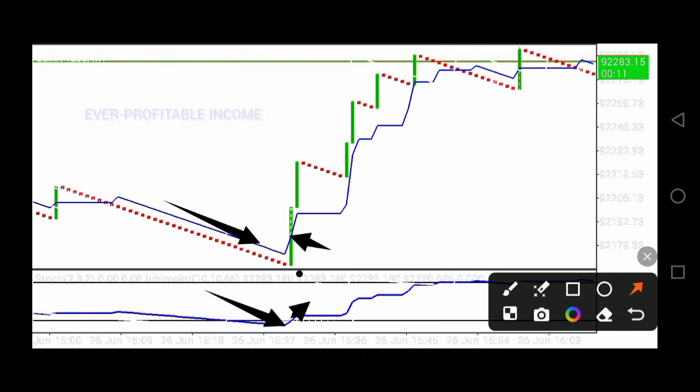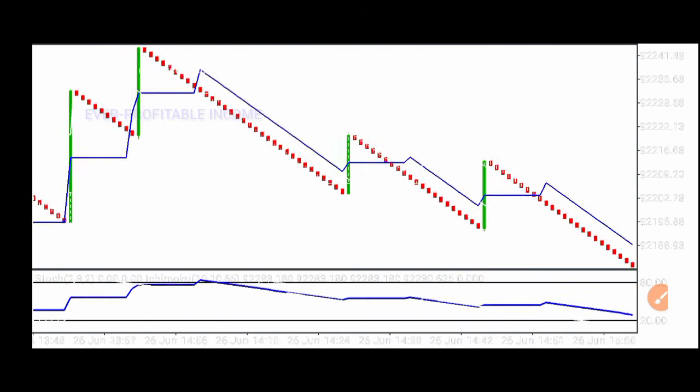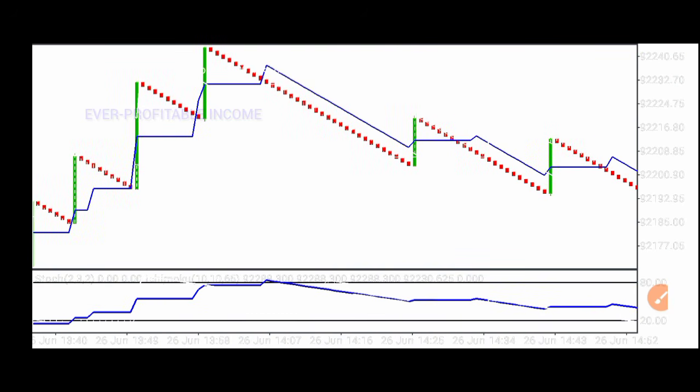Can you see this, guys? This strategy is very, very accurate, beginner friendly and easy to understand. I'm going to give you the setup of the indicator right away. And let me show you how to scalp with it on GainX 1200, which is also equivalent to Boom 1000 or Boom 500.